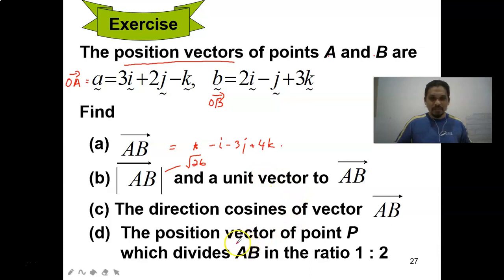And find the position vector of point P which divides AB in the ratio of 1 to 2.